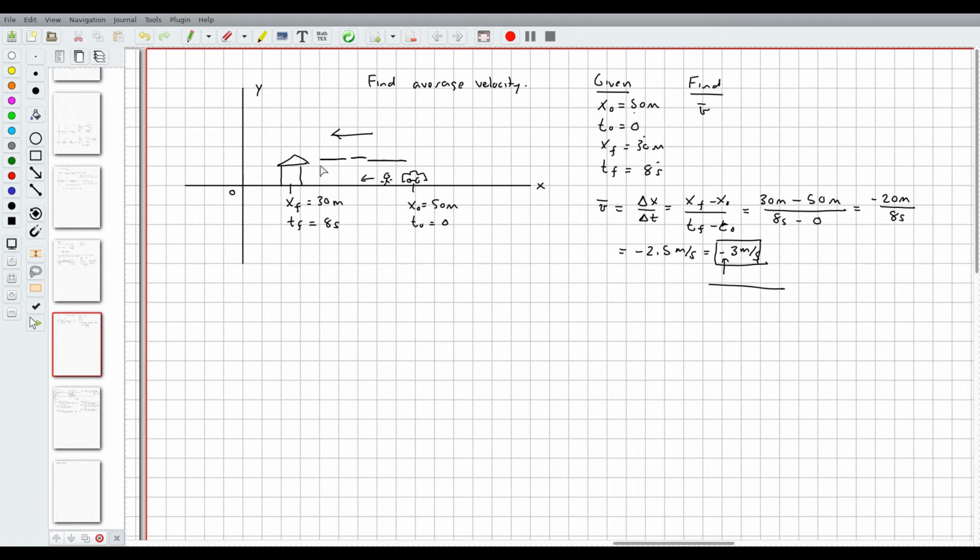So at any given time here, your actual velocity, your velocity at that instant, was probably not 3 meters per second. But on average, it was between those 2 points in space. So the bit of information that we're missing is the ability to ask, what's my velocity here? What's my velocity now?